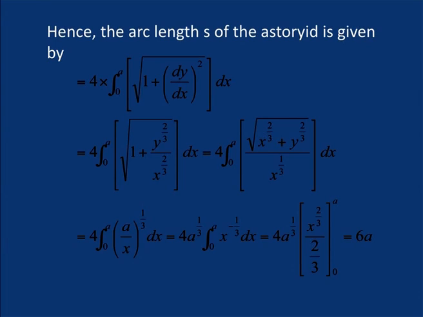It is equal to 4 times the integral from 0 to a of root of 1 plus y to the power 2 by 3 divided by x to the power 2 by 3, integrated with respect to x. It becomes on simplification equal to 6a. Hence, the arc length s of the whole astroid is 6 times a.